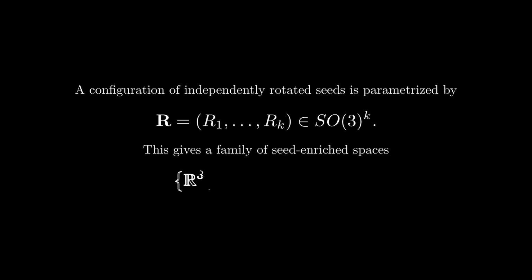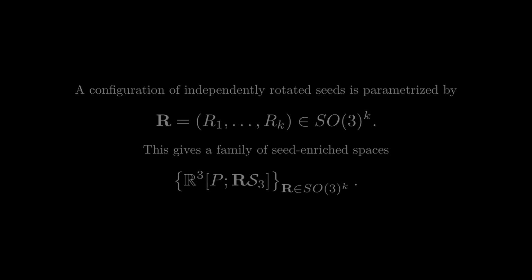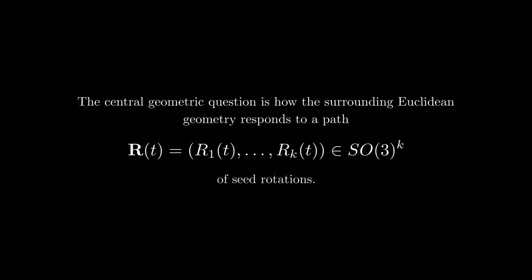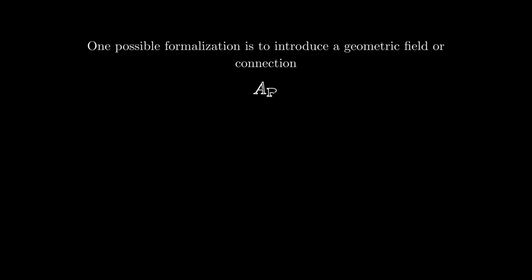So you've got these independently rotating seeds parameterized by this tuple, the K-tuple, an element of SO3K. So a basic geometric question is how the surrounding Euclidean geometry responds to a path of seed rotations. In particular, we're going to look at holonomy with respect to this question.